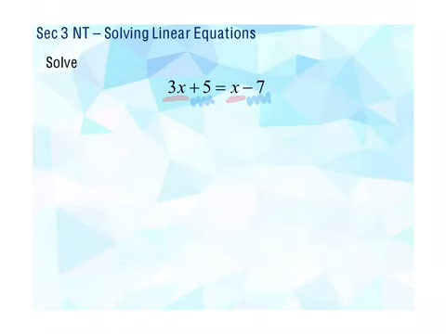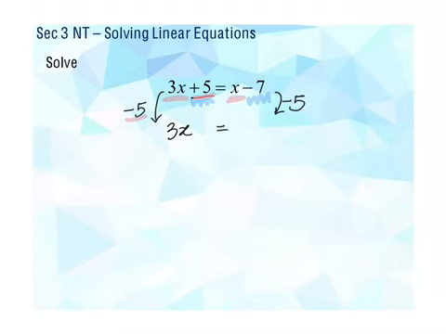First, let us start with getting rid of 5 from this side. This is plus 5, so I'm going to subtract 5 on both sides. That means this is minus 5, plus 5, it will disappear, and I'm left with 3x over here.